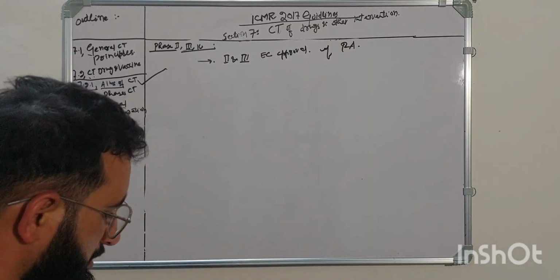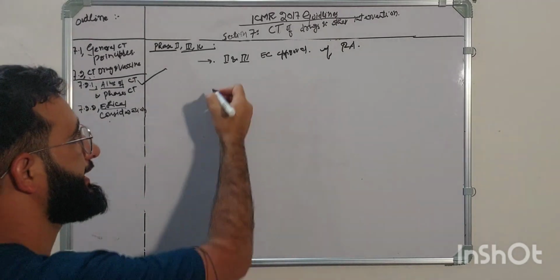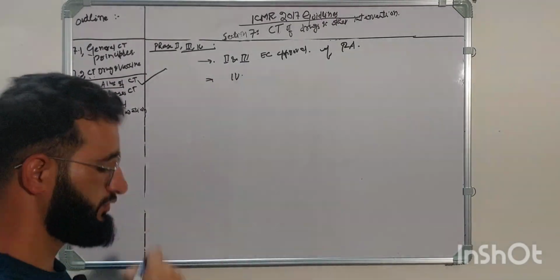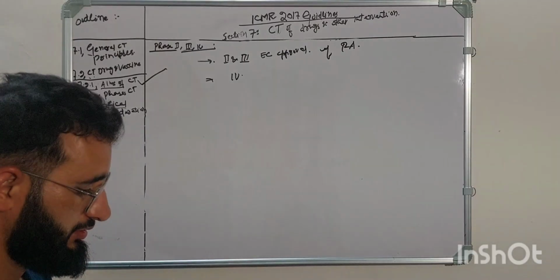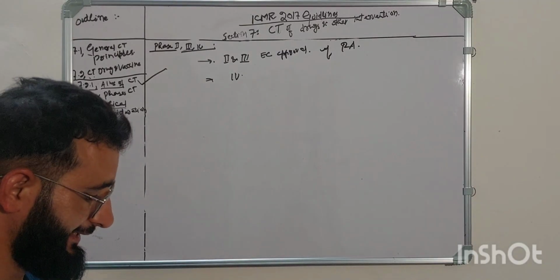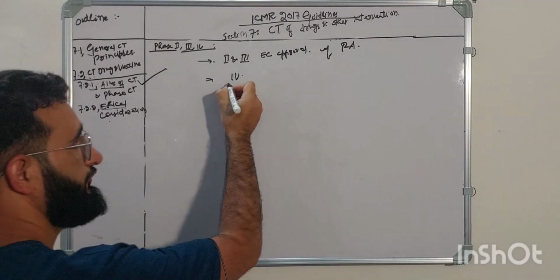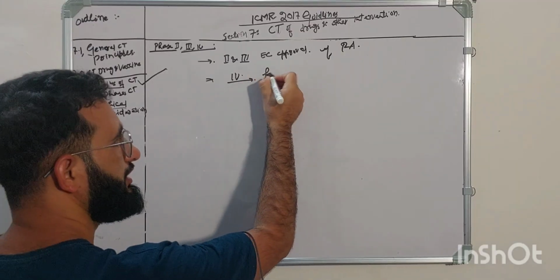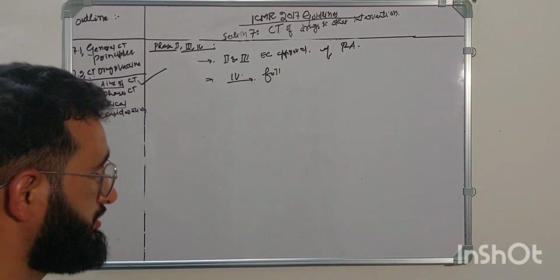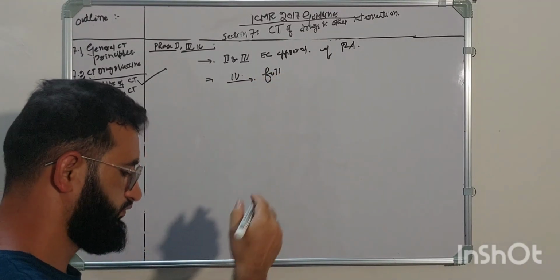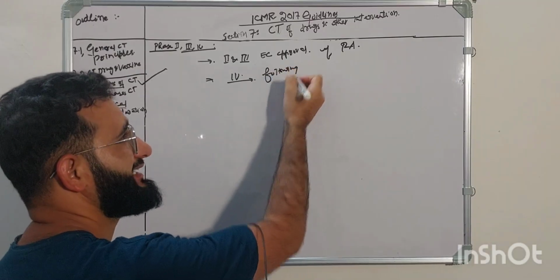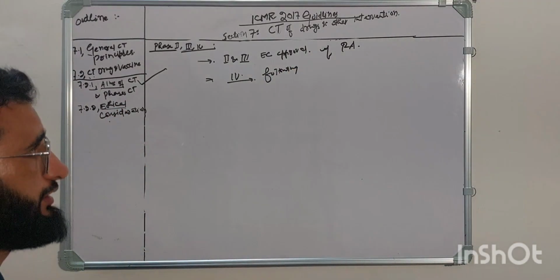In case of phase 4 study, the following are examples of studies that require ethical approval. So in case of a phase 4 trial, there are some examples which also require ethical approval.